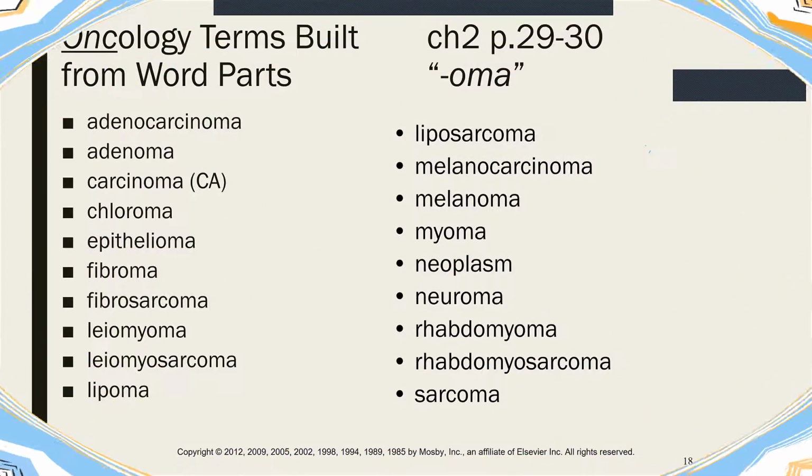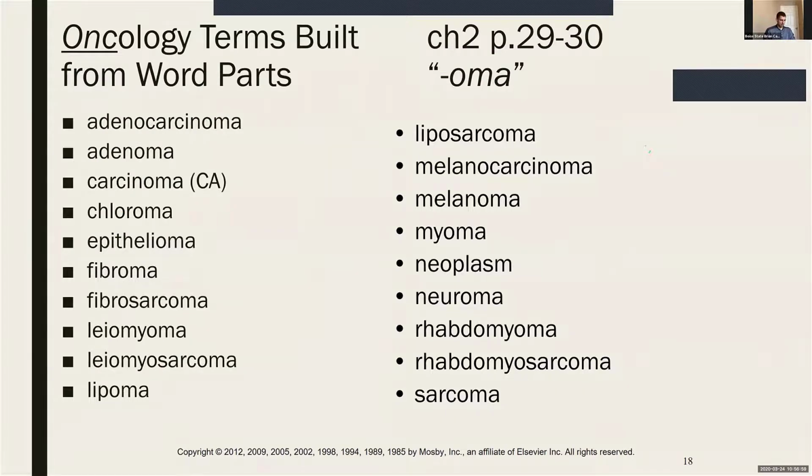Okay, so then we jump into the second half of this chapter 2, and that's looking at oncology types of terms. That was going to start on page 29 of your text. And so here we see all kinds of terms, but the one thing they have in common is that ending of -oma, O-M-A.